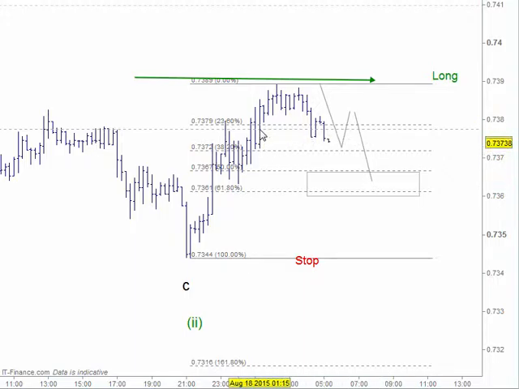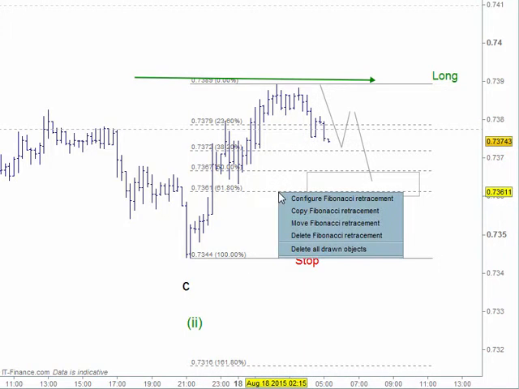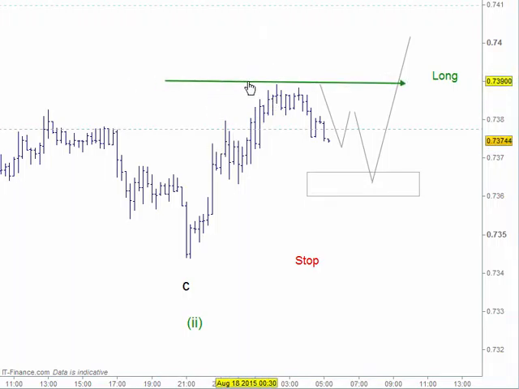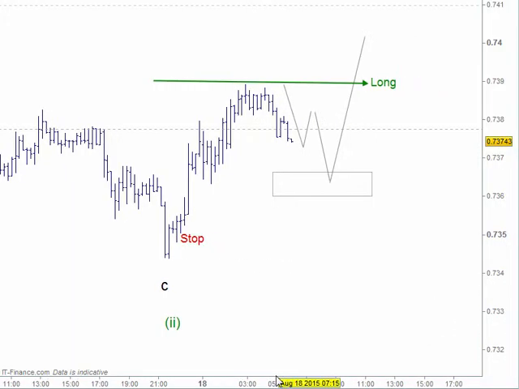So that's why I've got that possible long trade. If this is the top here, then any move up through here would be a sign of strength at that point. Obviously you could get in early if you wanted to, and just keep the stop out of the way, down into the wave 2 area through here.